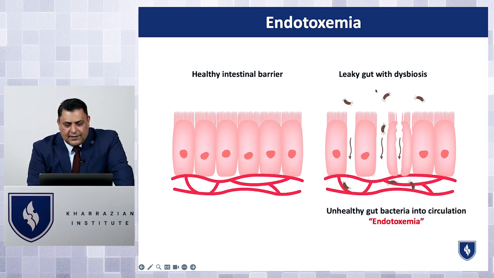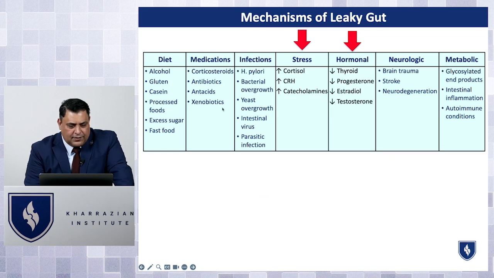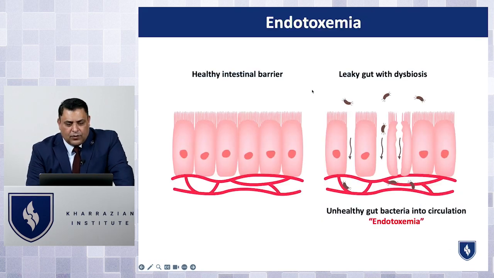And then with leaky gut, for whatever the reason may be, it may not be related to hormone deficiency, it may be related to an infection or taking corticosteroids or antibiotics or being diabetic or whatever the case may be. But if someone gets leaky gut and they have dysbiosis, and then that polysaccharide from gram-negative bacteria gets released into the bloodstream, this is called endotoxemia.